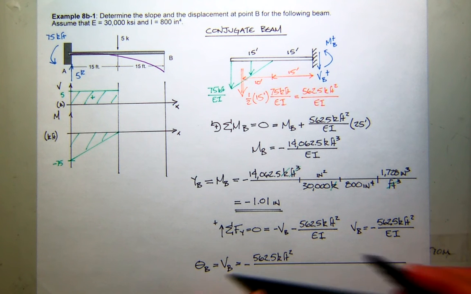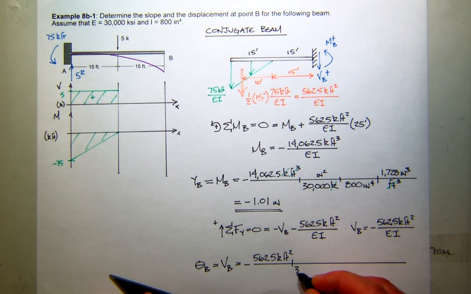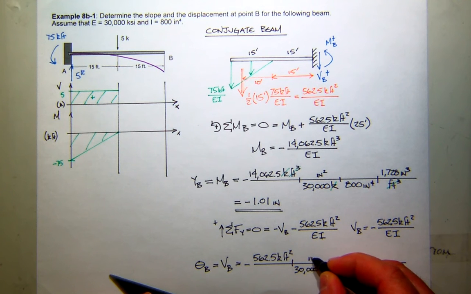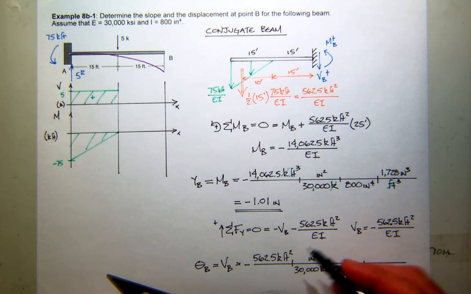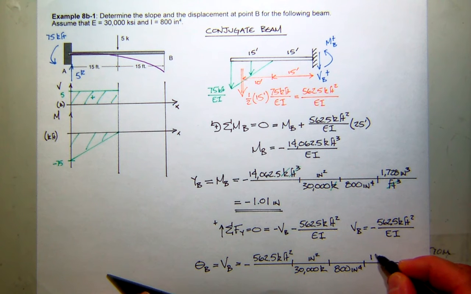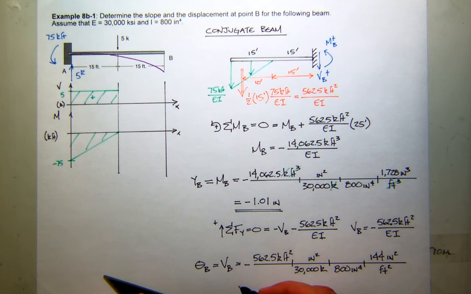And now we need to convert that. We still have to divide it by E and I. So again, E is 30,000 kips per inch squared. I is 800 inches to the fourth. And now I have to convert square feet. So that'd be 12 squared, so there's 144 square inches in a square foot. So let's see what my units do.